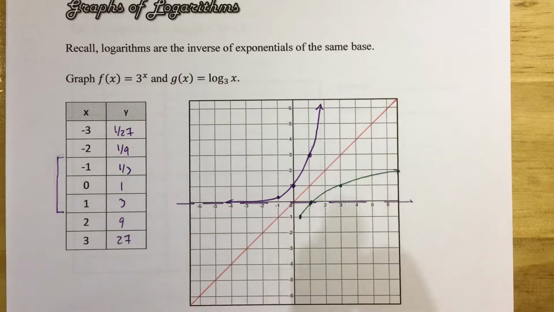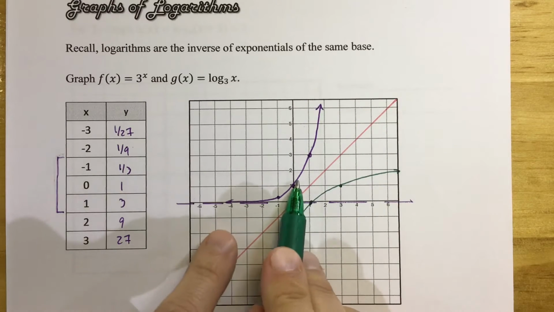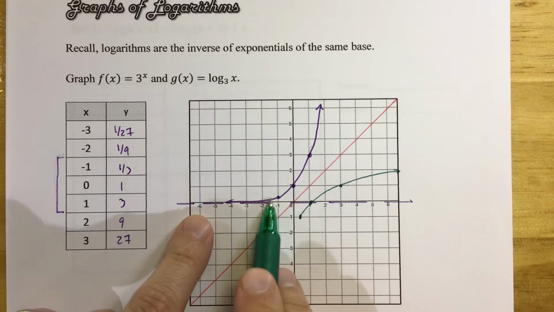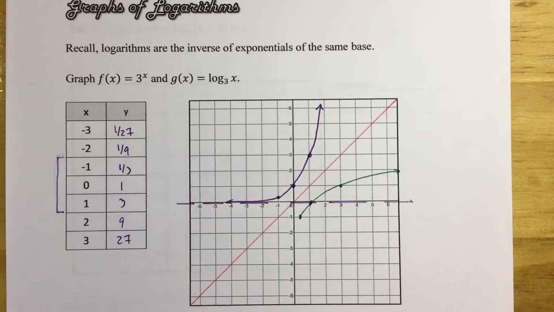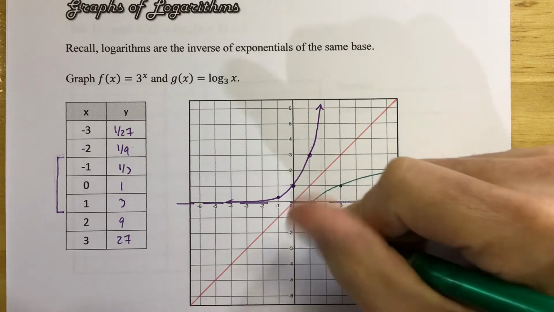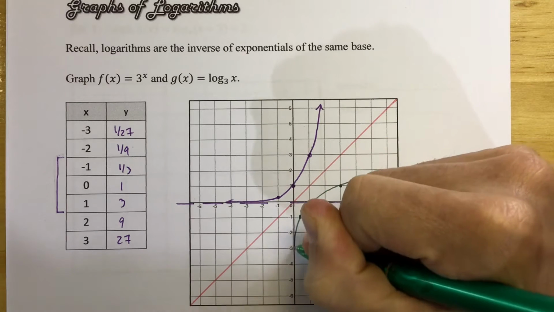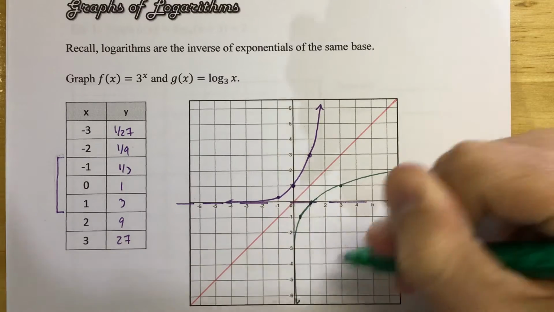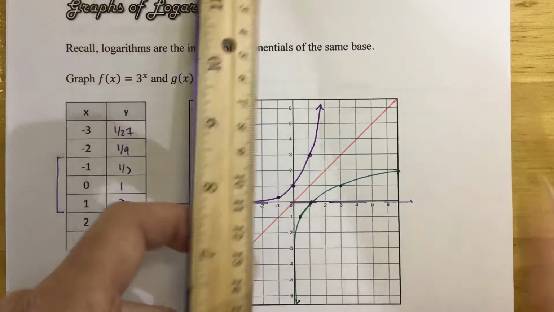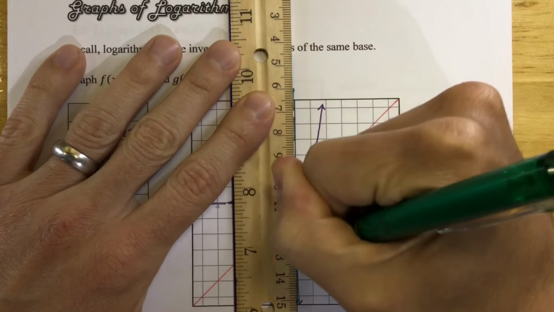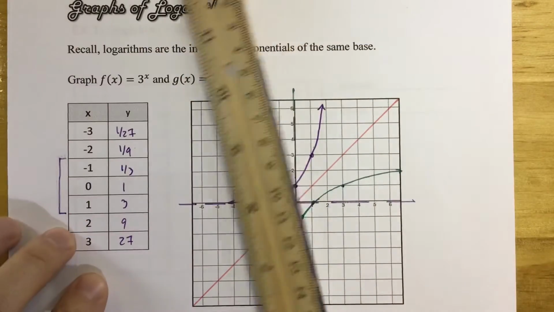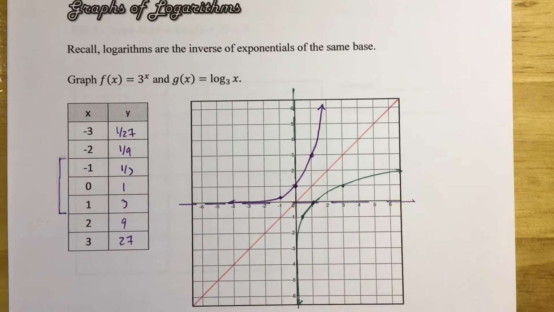And this part, which was going to that horizontal asymptote, is still going to go to an asymptote in the logarithm. It's just going to become a vertical asymptote. So it's going to get closer to that line, trying to hug that line there. And you end up with a vertical asymptote.